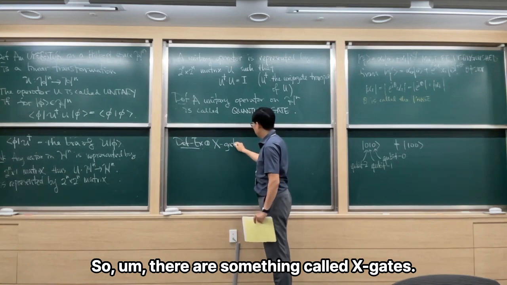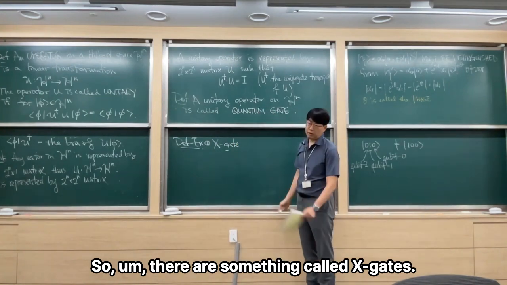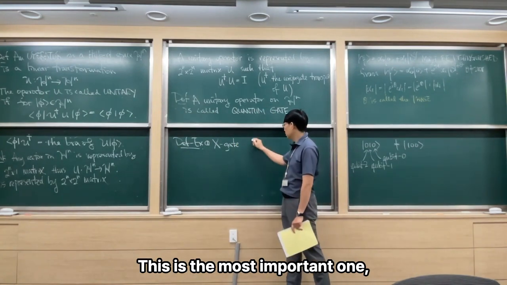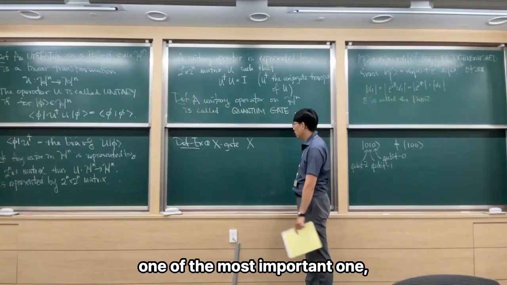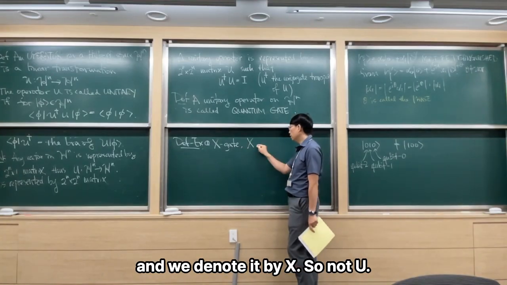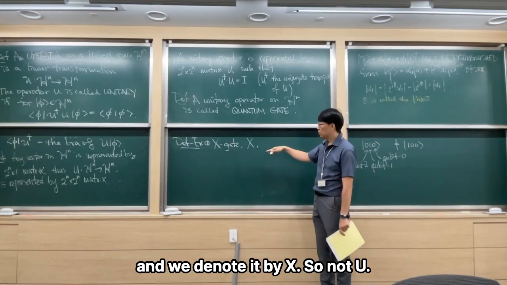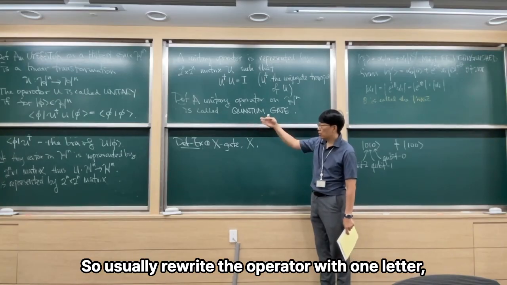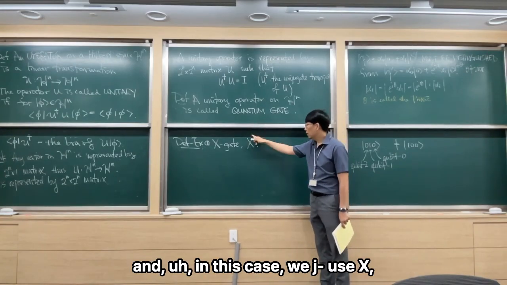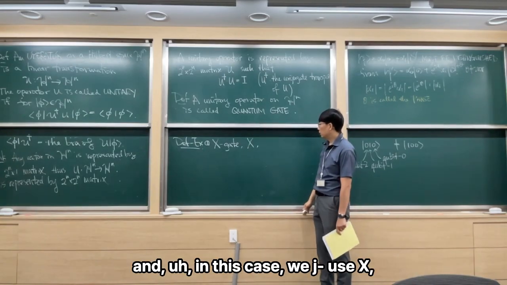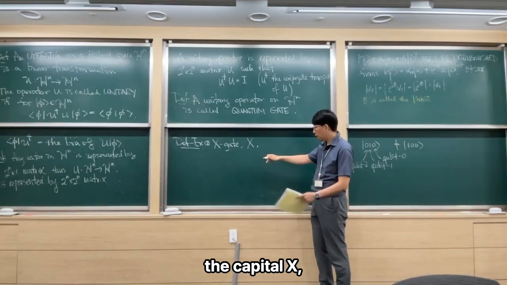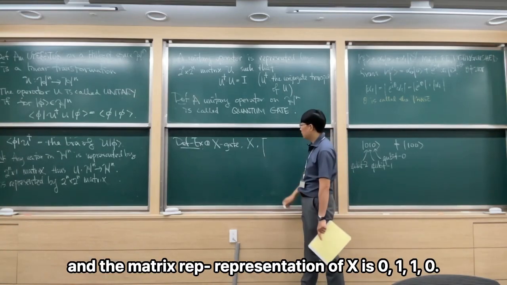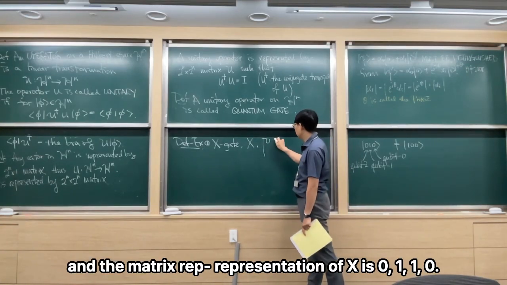There is something called the X gate. This is one of the most important ones. We denote it by X, not U. Usually we write the operator with one letter, and in this case we use the capital X, and the matrix representation of X is 0, 1, 1, 0.